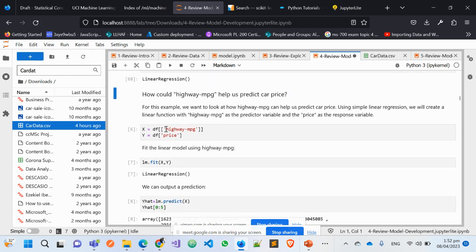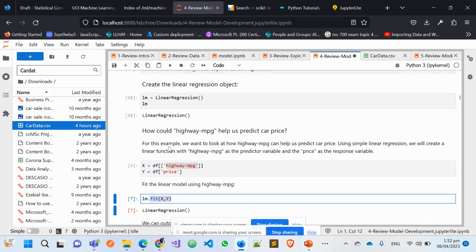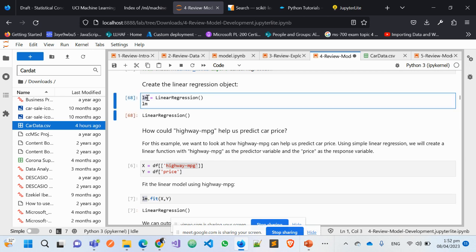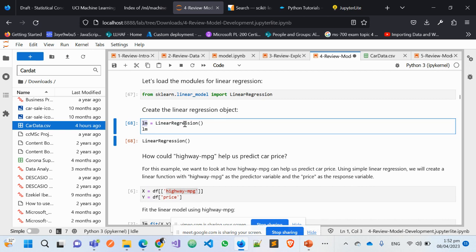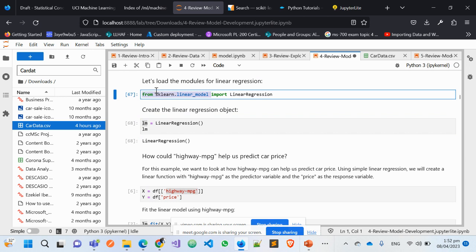So we're going ahead now to fit our highway miles per gallon on price. By that we're applying the fit function since we've identified our linear regression as lm. lm is a variable that is holding the linear regression object, having imported it from our scikit-learn library.